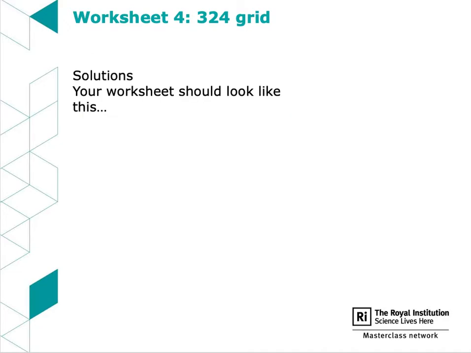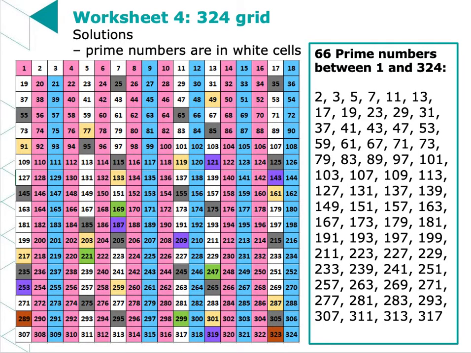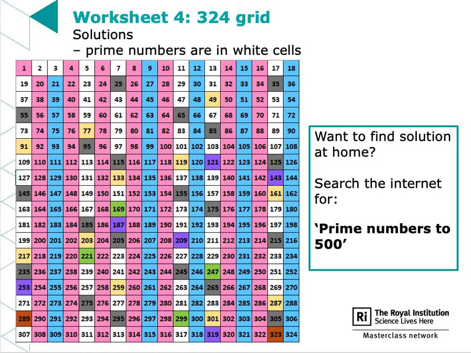Your worksheet should look like the following slide. Here, the prime numbers are in the white cells. How did you get on? If you want to find the solution at home, you can always search the internet for prime numbers to 500.